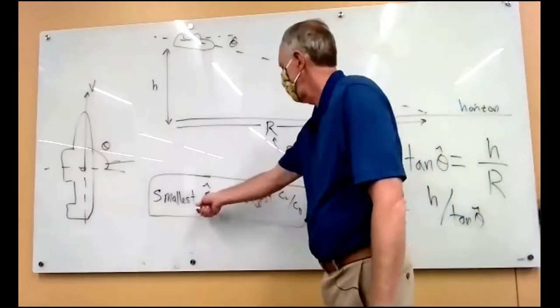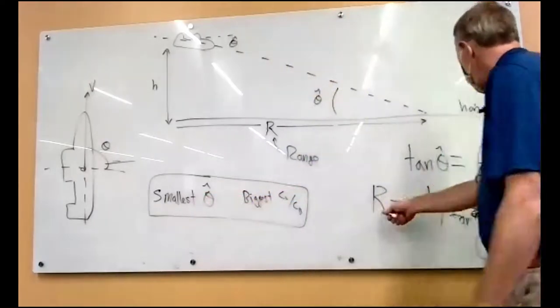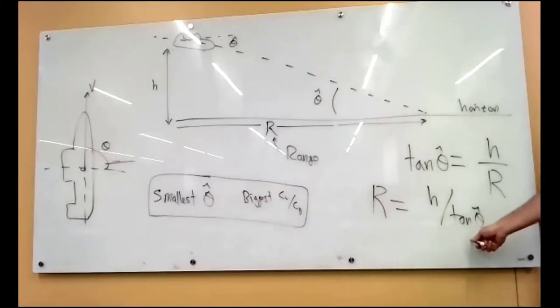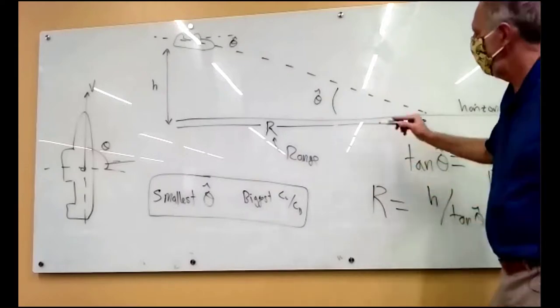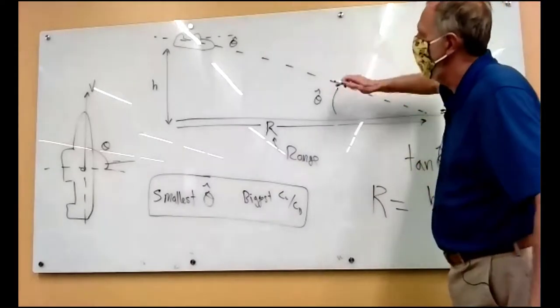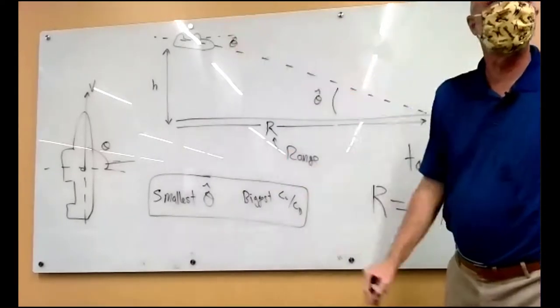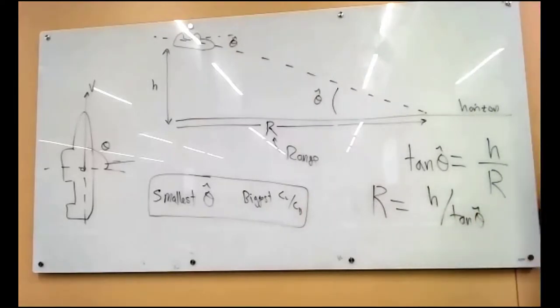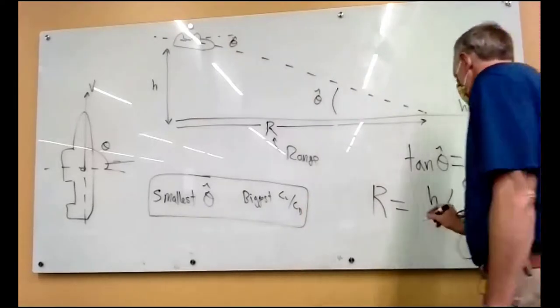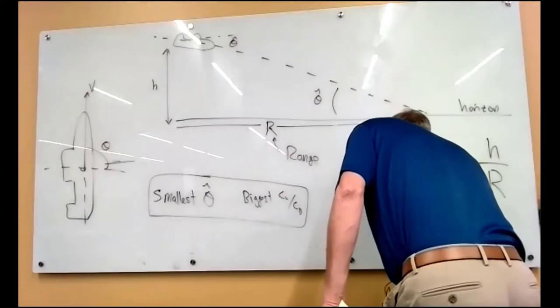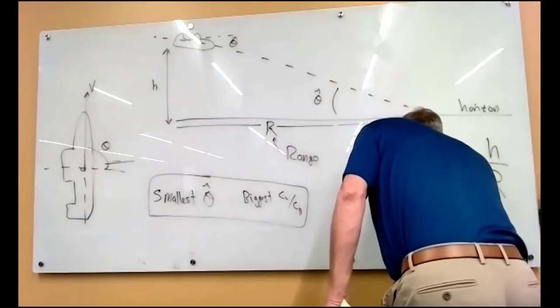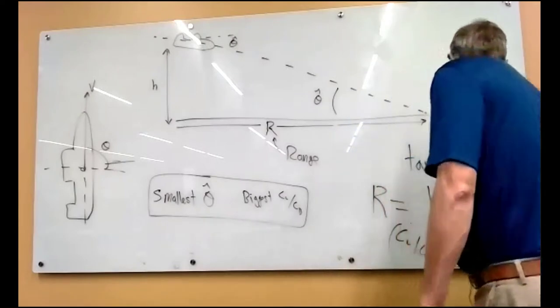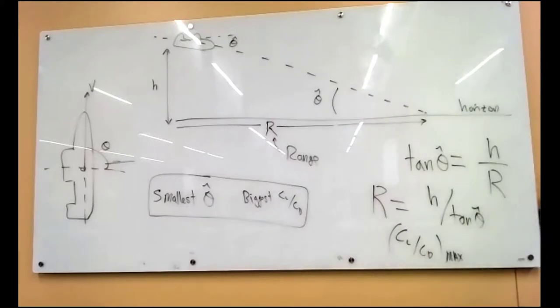If we fly at this smallest theta angle, we're going to go the farthest because we get the tangent smallest. And that makes sense as well, right? If you make this angle as small as possible, you're going to be able to go farther. It's just geometry. So both of the conditions, this is CL over CD max again. So to go the farthest, we do that.